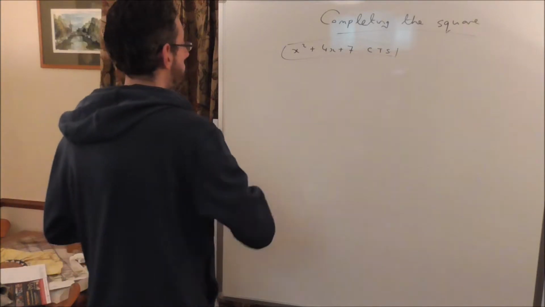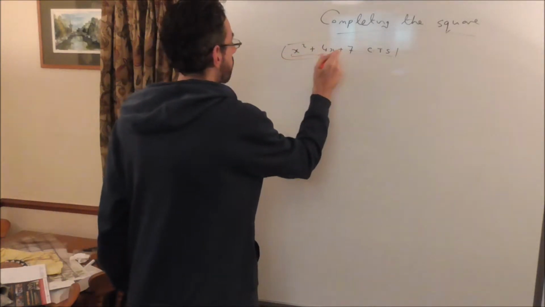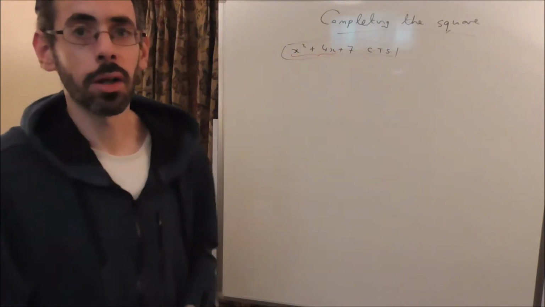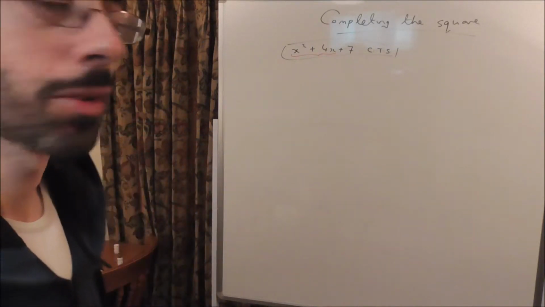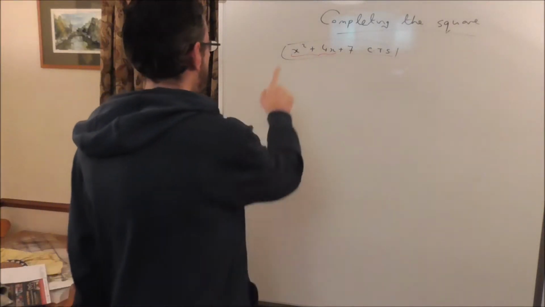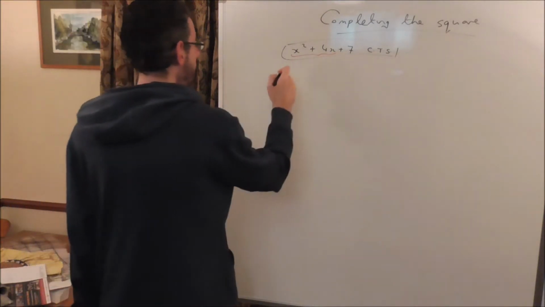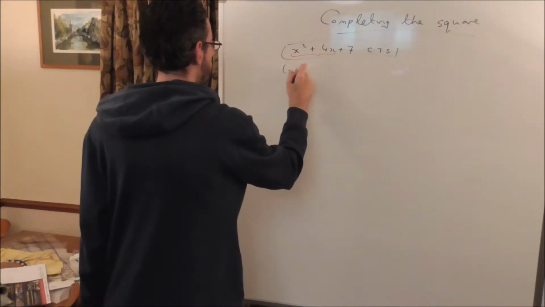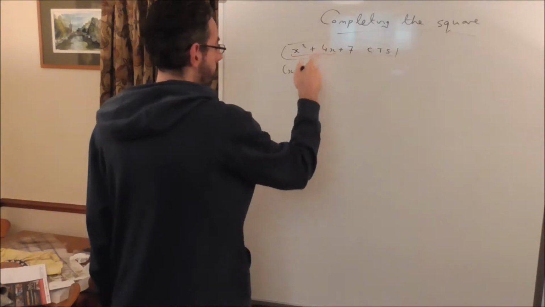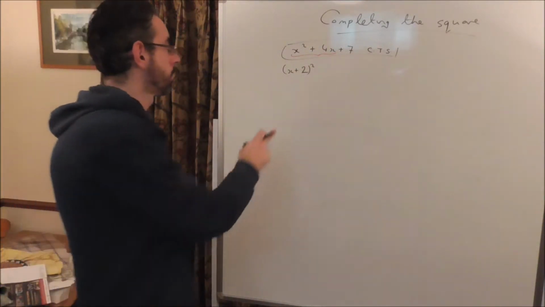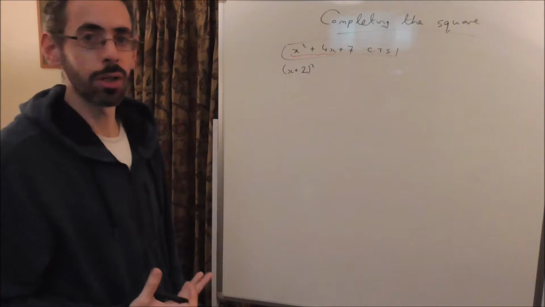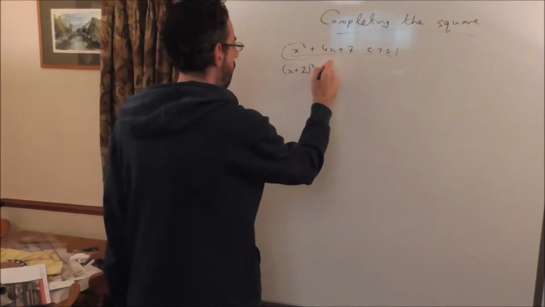So the x squared plus 4x, this bit. And I complete the square for those terms. So what does x squared plus 4x go to when you complete the square? Well, it just goes to x plus 2 squared, because half of 4 is 2. But then you've got to take away 2 squared, 2 times 2, so you take away 4.